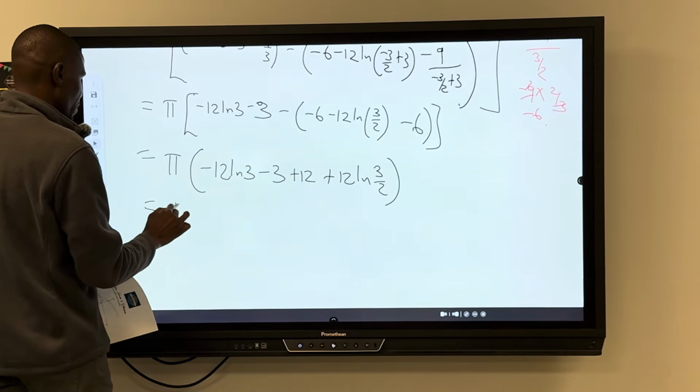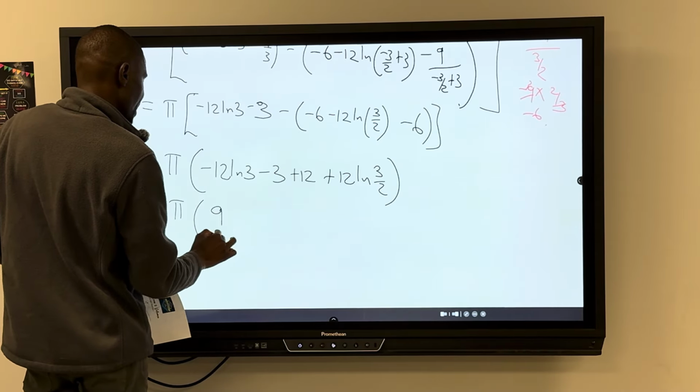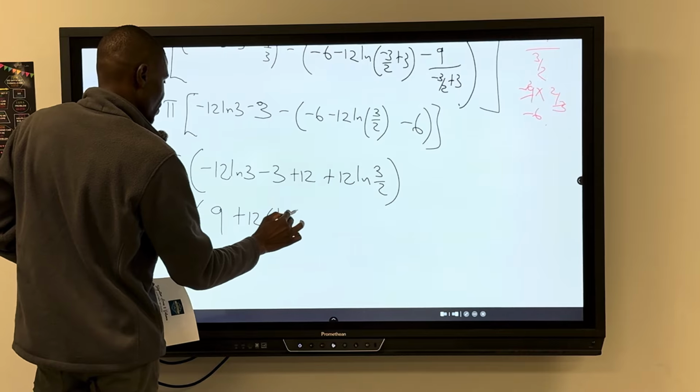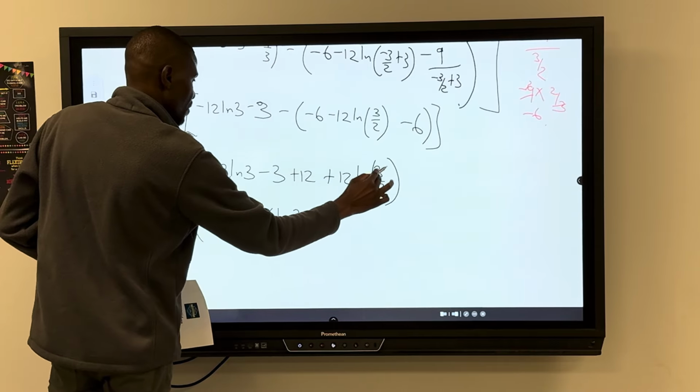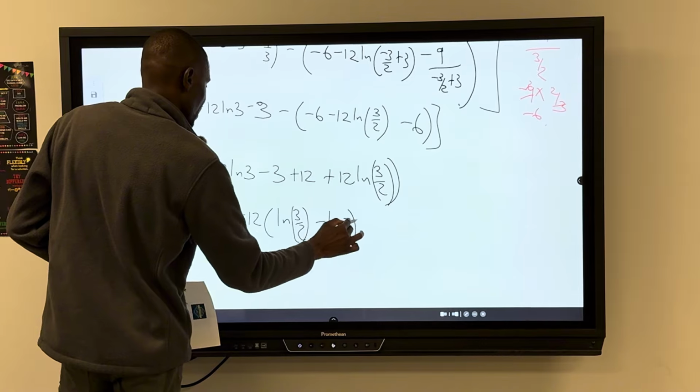So it's going to be pi, 12 minus that, that's 9, plus 12, then natural log of 3 over 2, right, minus natural log of 3.